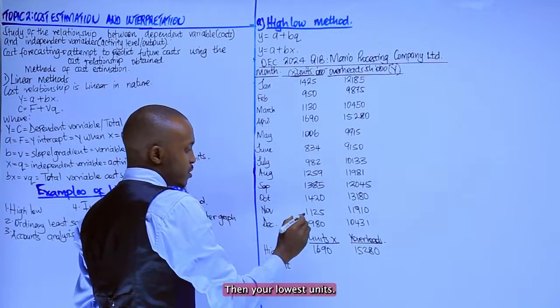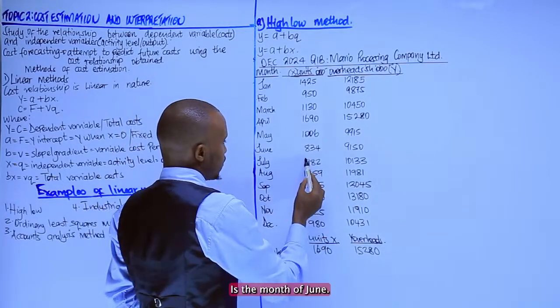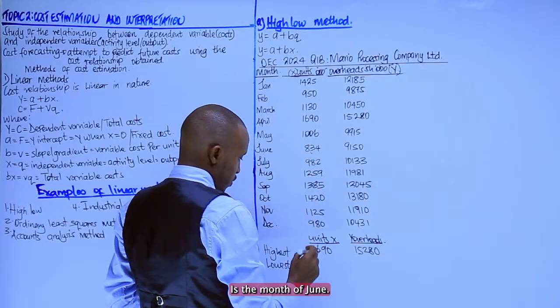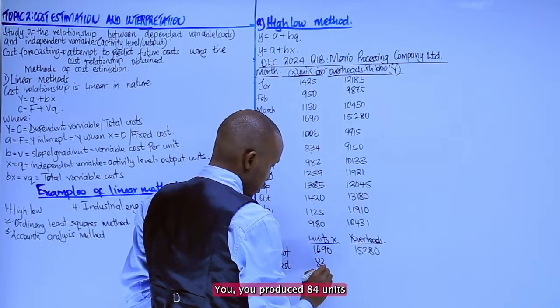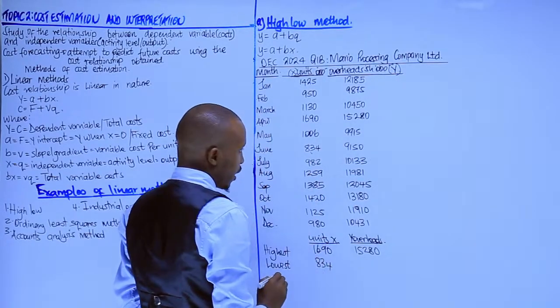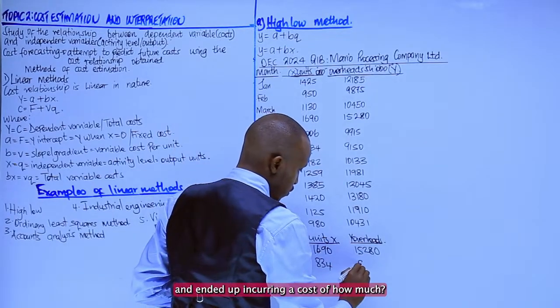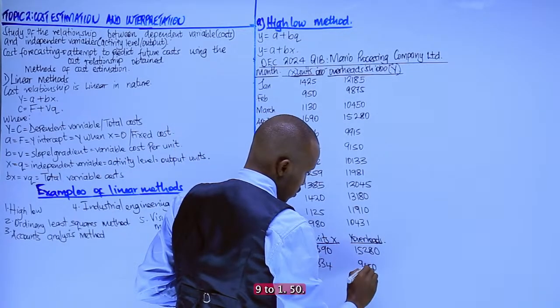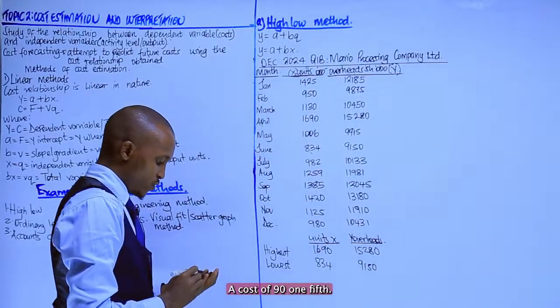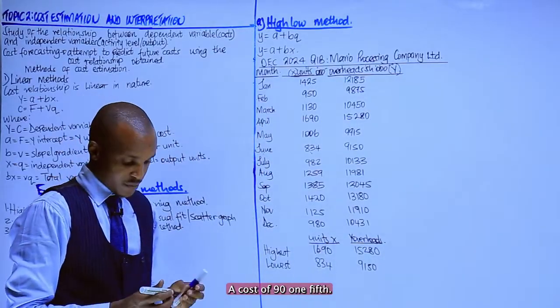Then your lowest units is the month of when? June. You produced 834 units and ended up incurring a cost of how much? 91.50. A cost of 91.50.